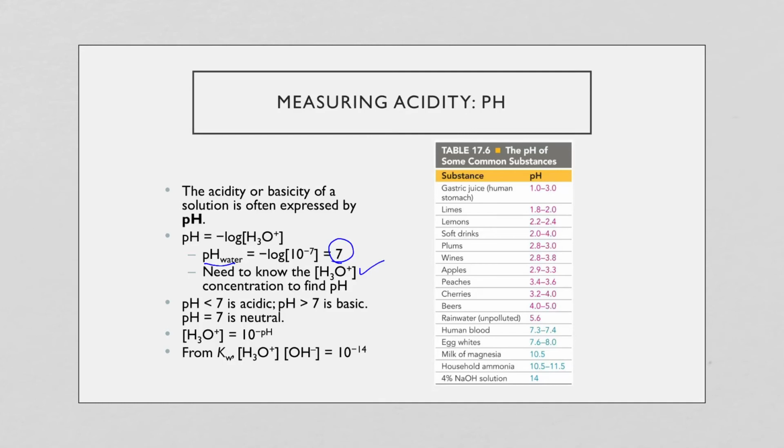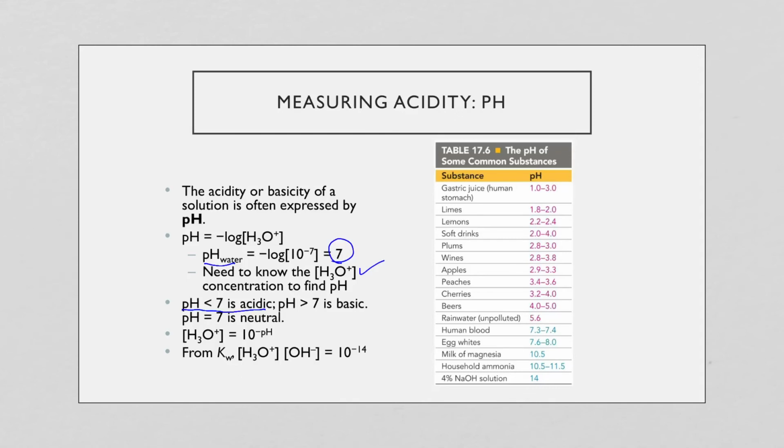Okay? So it's going to go from 1 times 10 to the minus 7 to, say, 1 times 10 to the minus 5th. Right? And if I take the negative log of 1 times 10 to the minus 5th, I'm going to get a value of 5. So the pHs that are less than 7 are going to be acidic. And that means those are solutions that have a higher hydronium ion concentration.